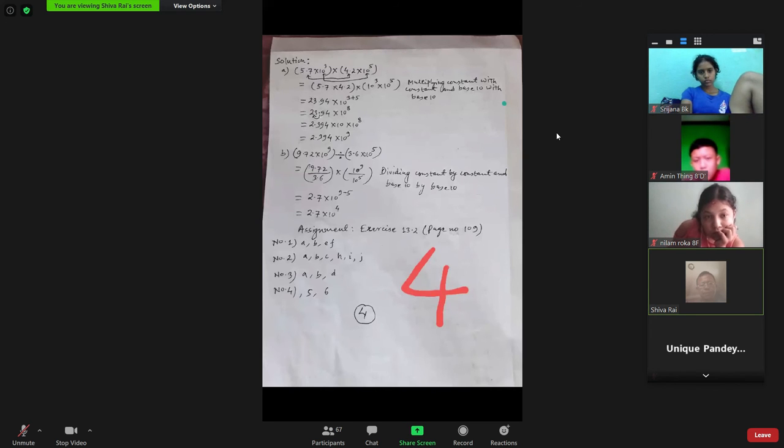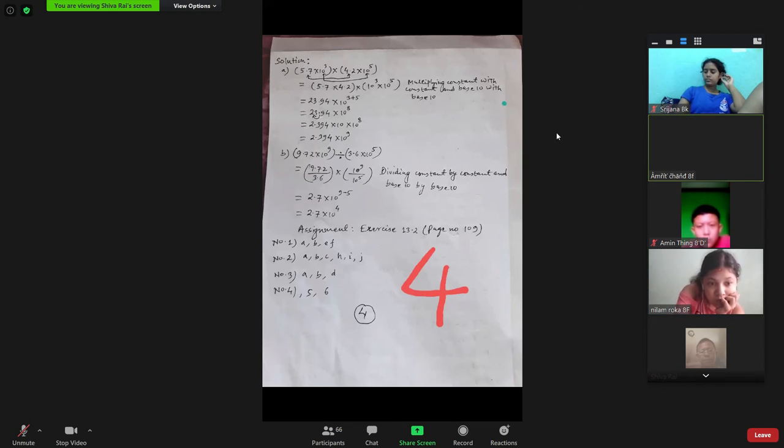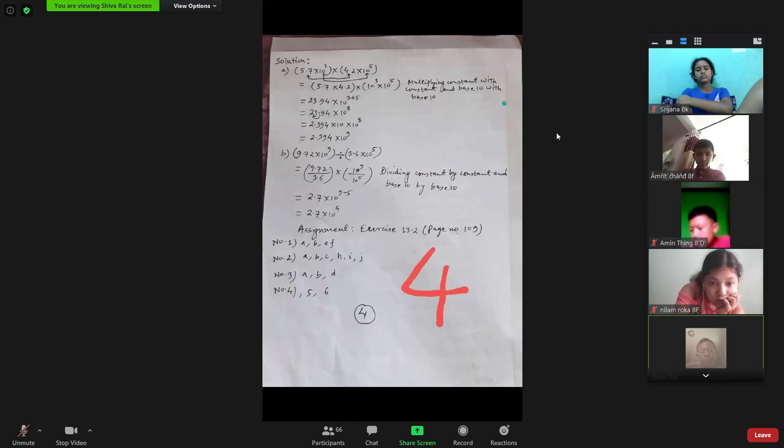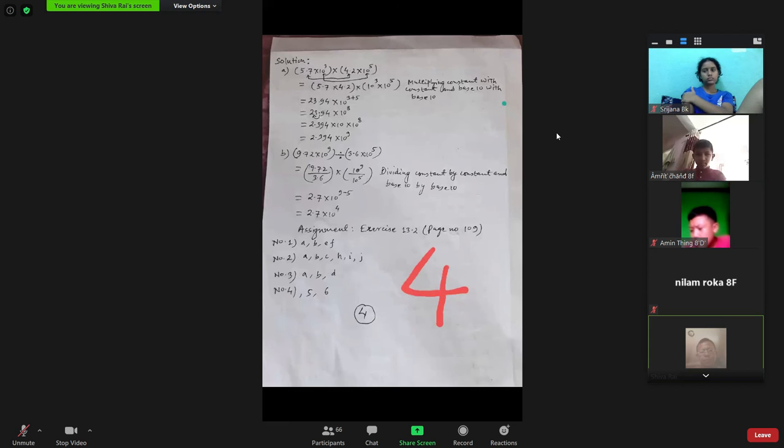Now look here. In the case of division with base 10, their powers should be subtracted: 10 to the power 9 minus 5. That 5 is the power of the base 10 in the denominator, so you have to subtract.